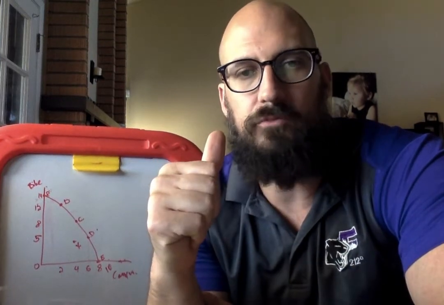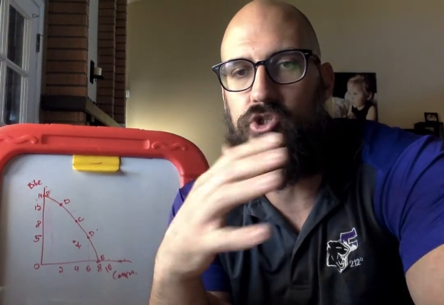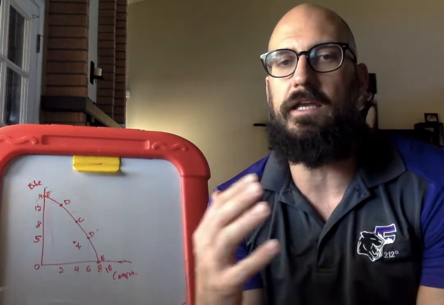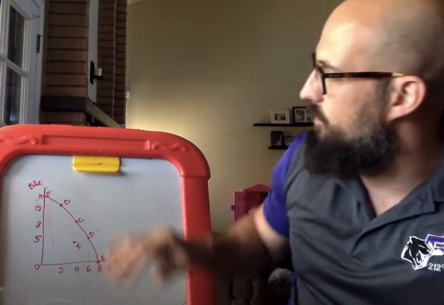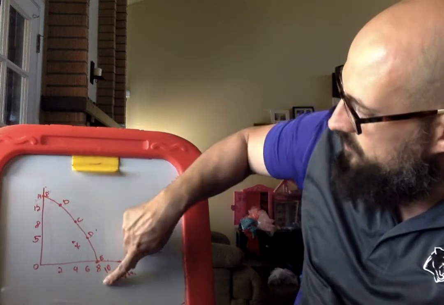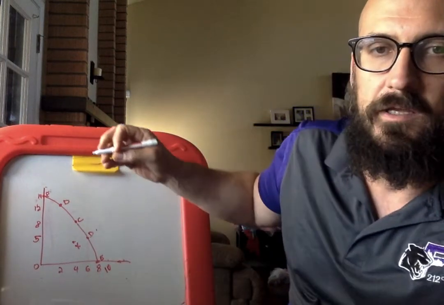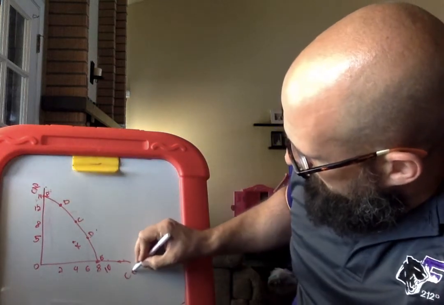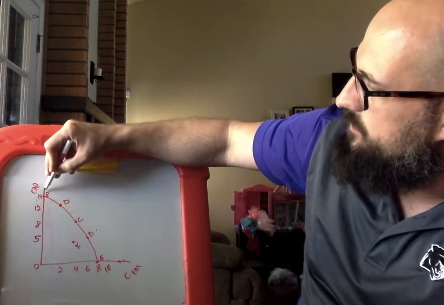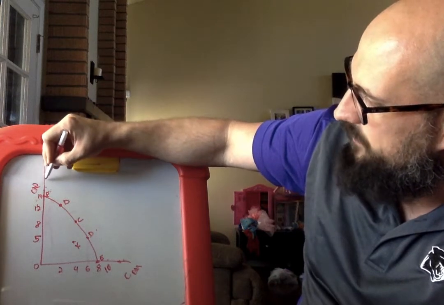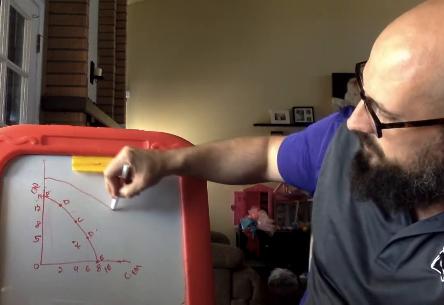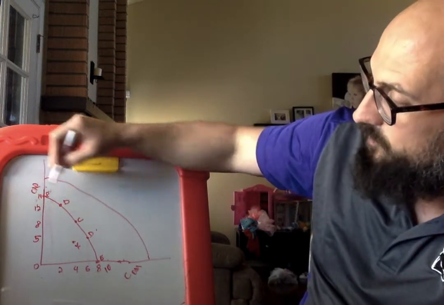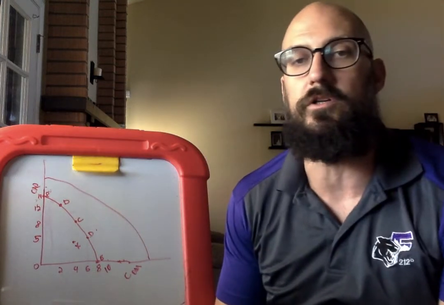So you should see a big growth in your PPC. So here, if we were to change our PPC, let's say this is capital goods and this is consumer goods, you'd see a big growth in capital goods, but a larger growth in consumer goods, right?